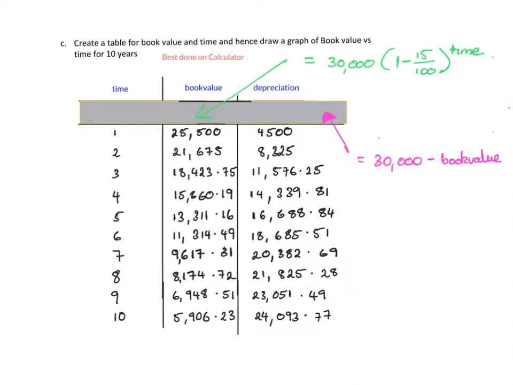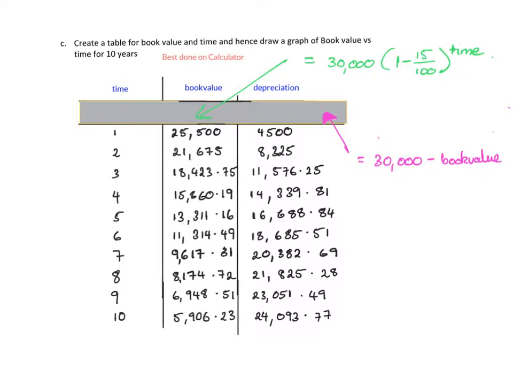We can see here that as the book value decreases over the 10 years, it makes sense, therefore, that the depreciation is actually increasing to the point where the tractor depreciates over $24,000 and it's only worth close to $6,000 at the end of 10 years.